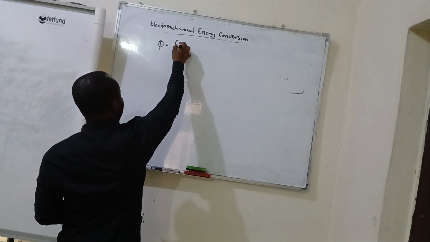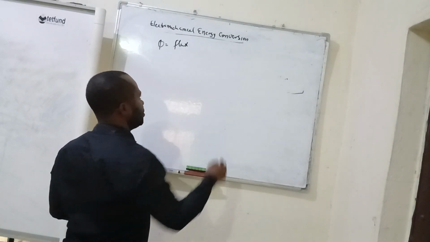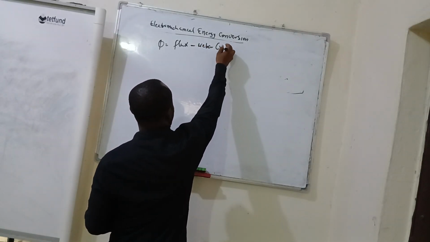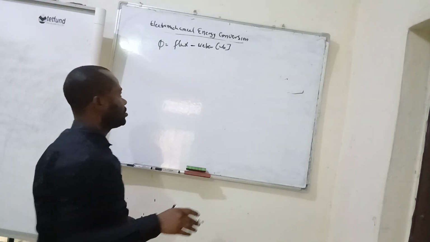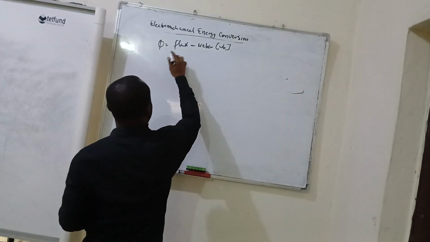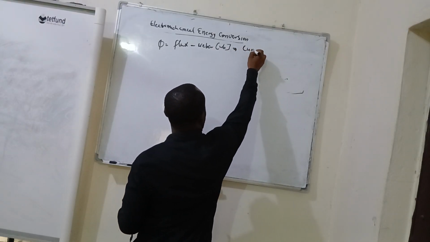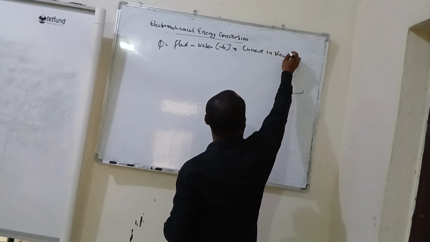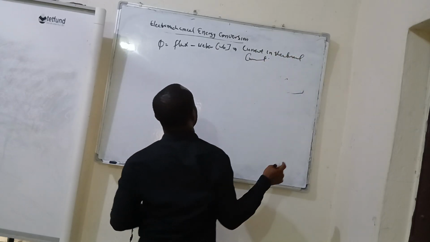This is the flux that comes from the magnetic field and is measured in Webers. So flux is the same as current in an electrical circuit.